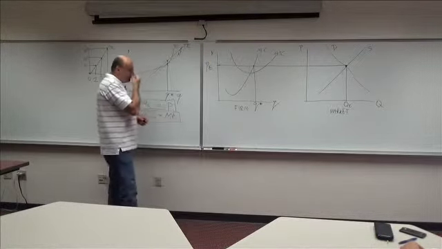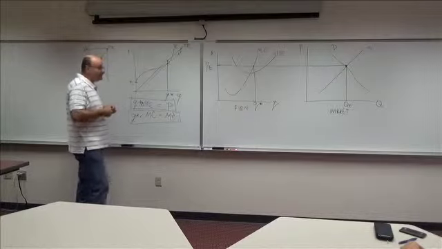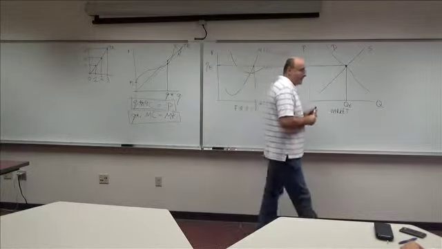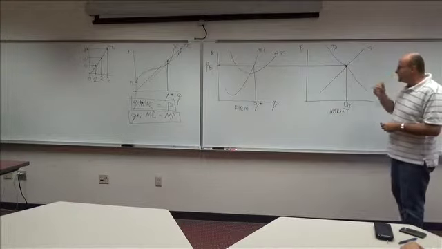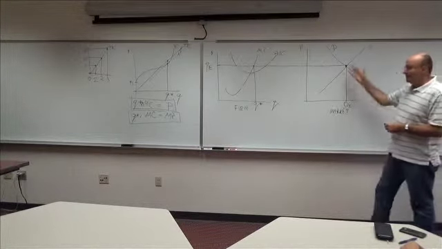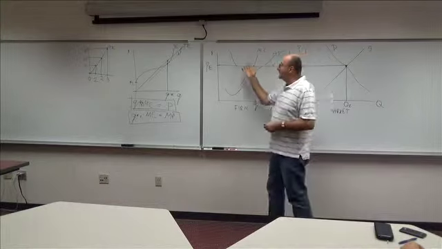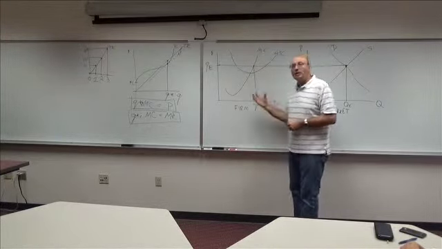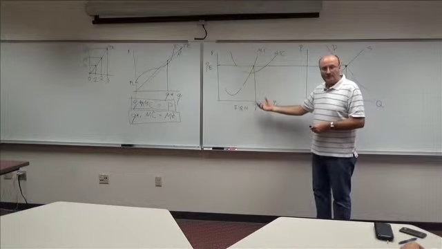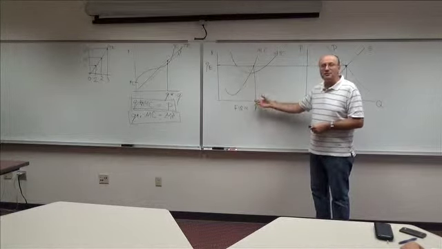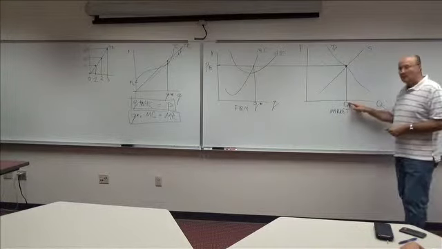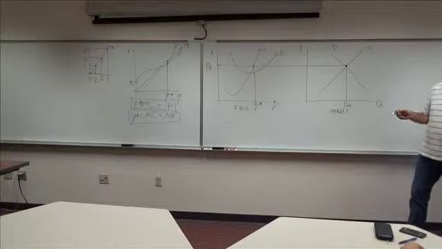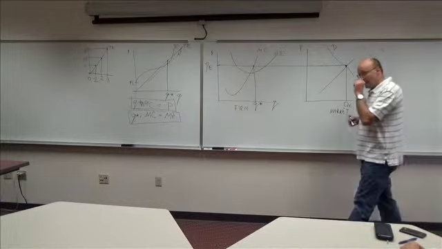Very good, guys. So we found that the industry is in equilibrium, and at that equilibrium price, the typical firm produces Q star, and all those firms together, each of them producing Q star, produce the equilibrium market output. That make sense? That's all there is to it.